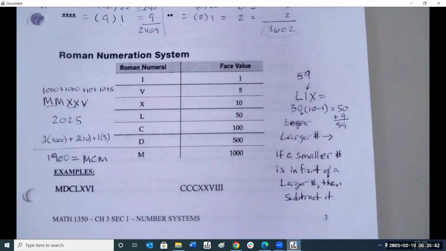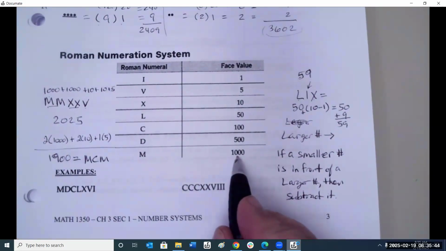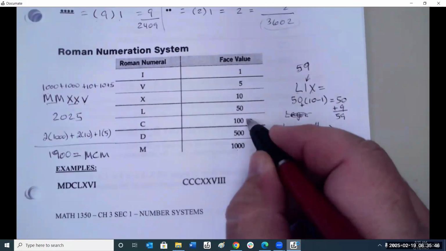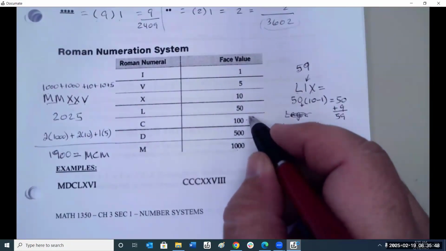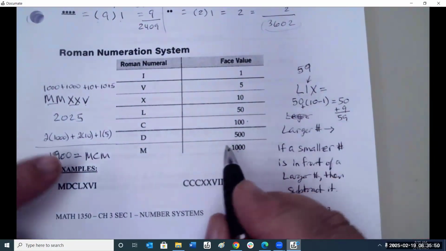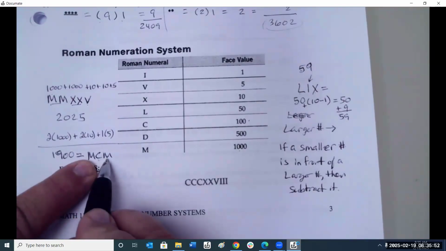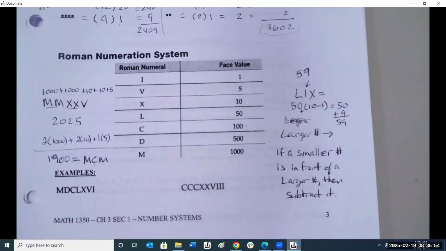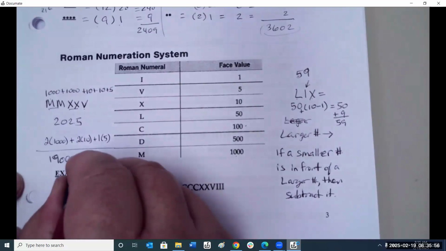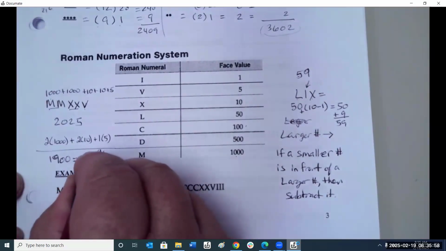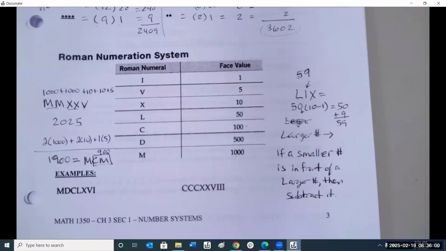MCM. Because M is 1,000. C is 100, century. But it comes before, so 100 from 1,000 is 900. So this number here represents 900. It's 100 before.